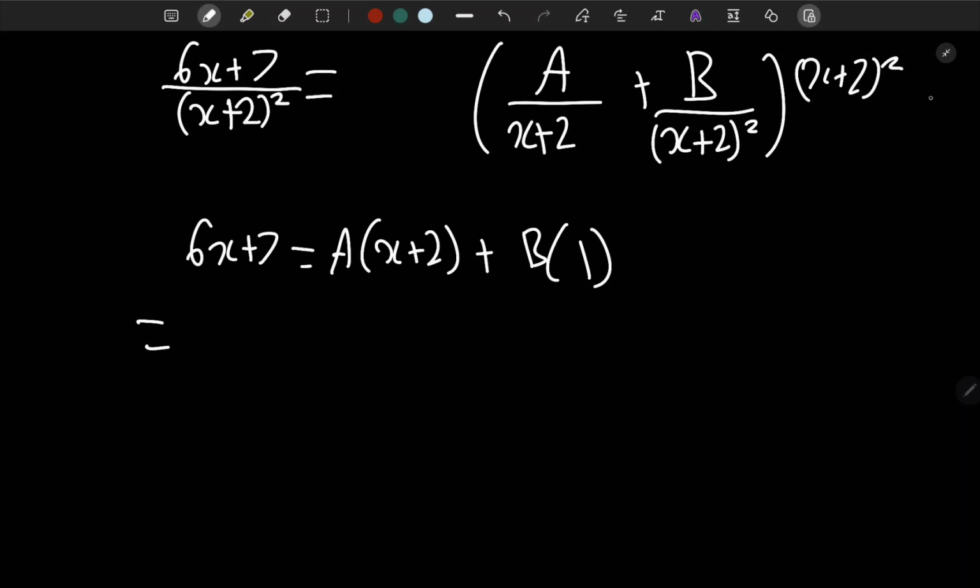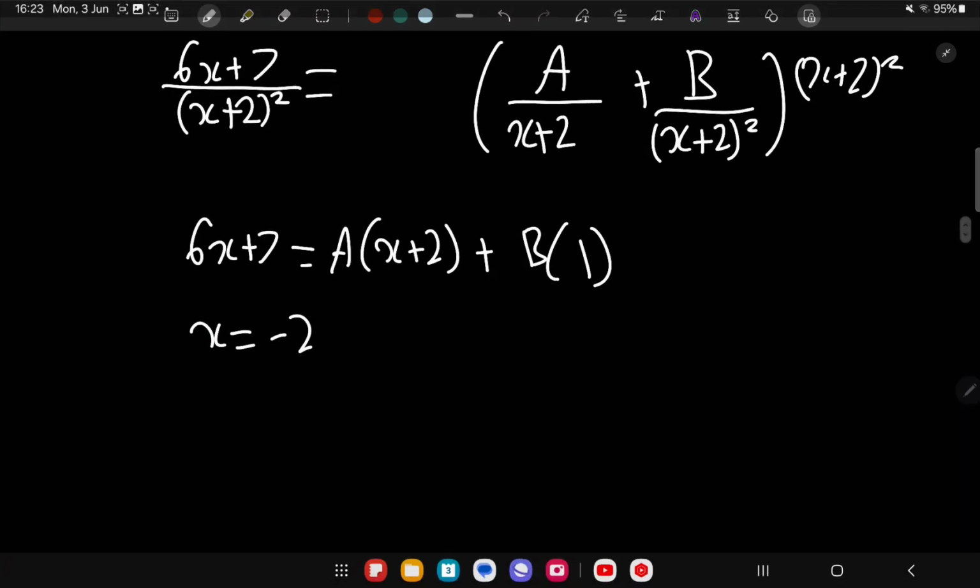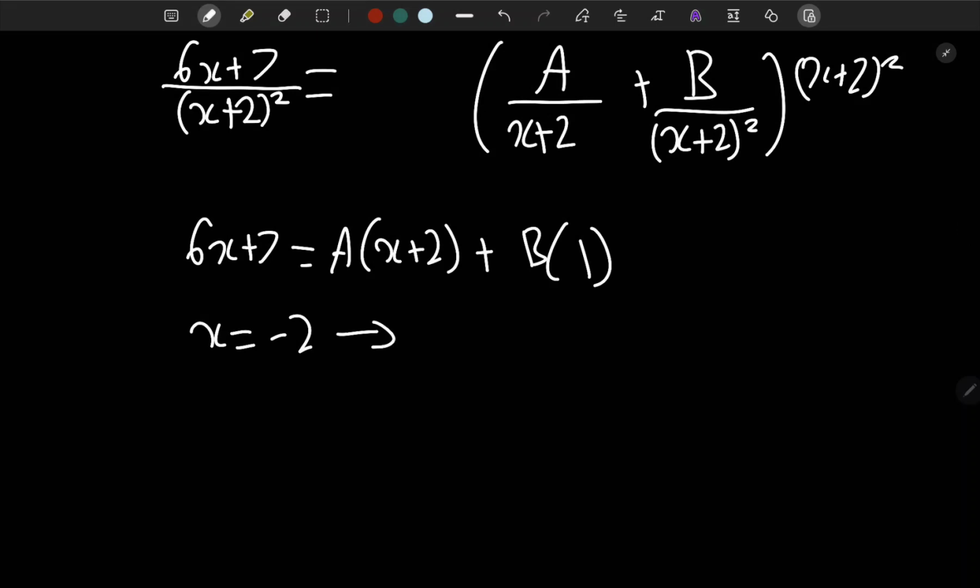So now let's substitute x as -2. So x is equal to -2. So we will get, I'm just going to directly solve it this time, b as -5, and for a here we can substitute x as 0, and we will get a to be, since we already have b, we can solve for a here.